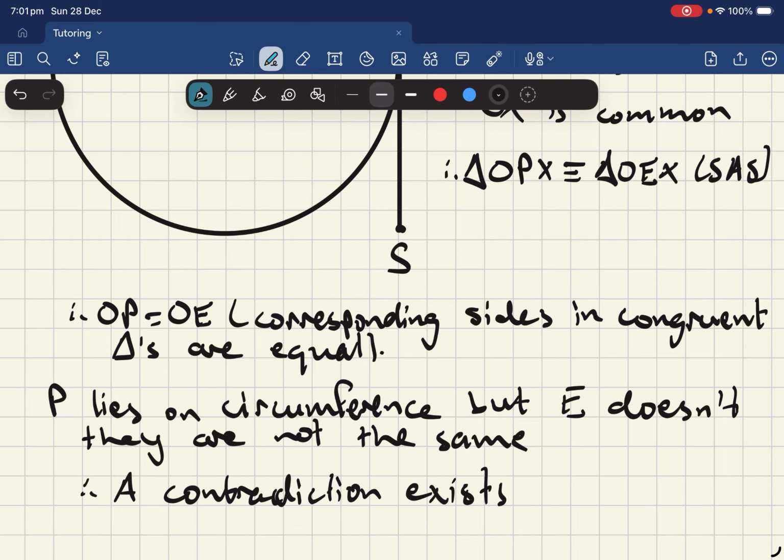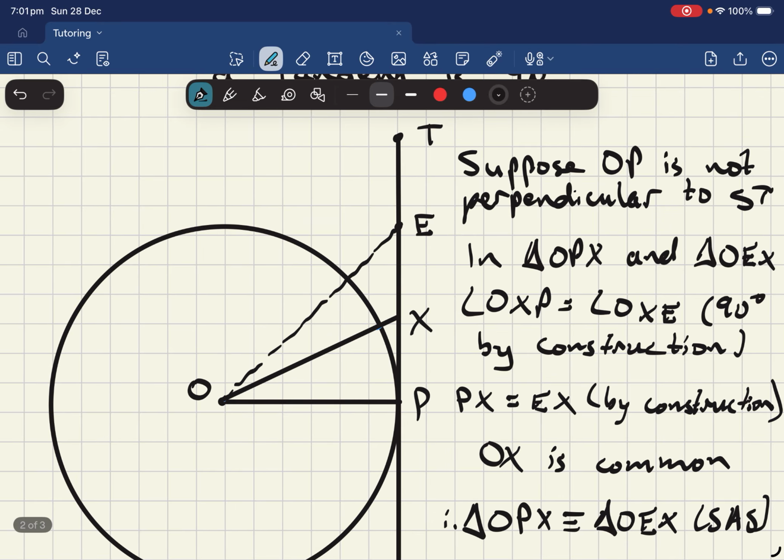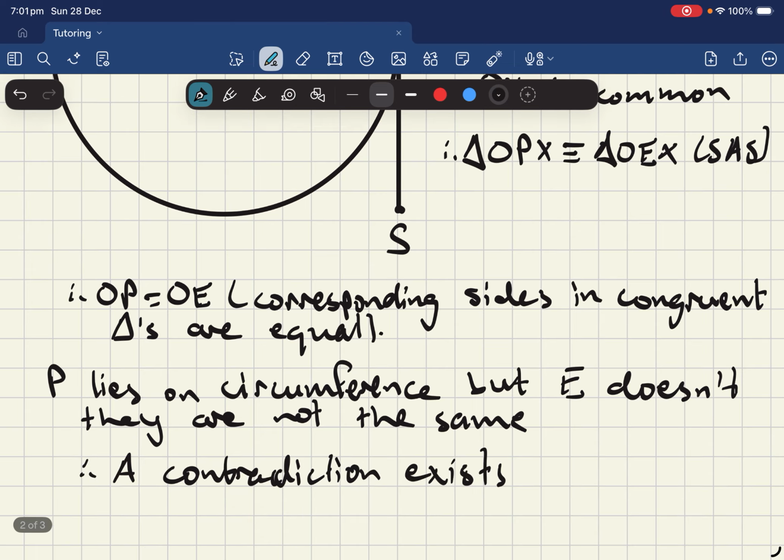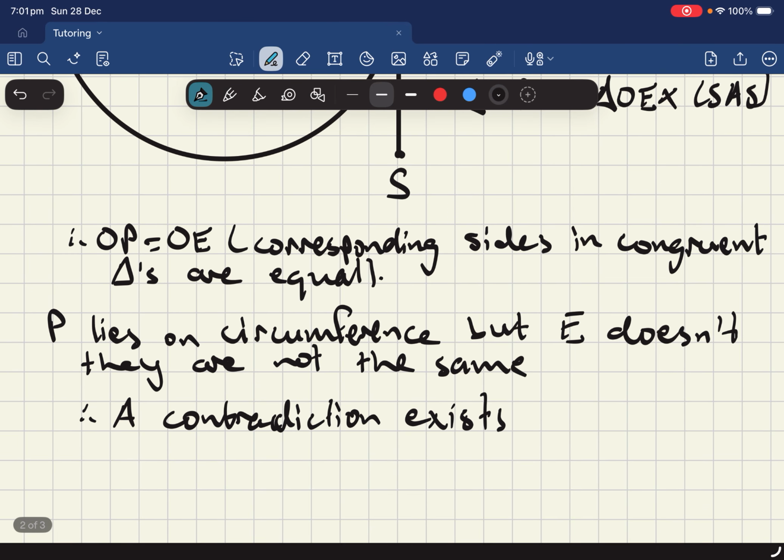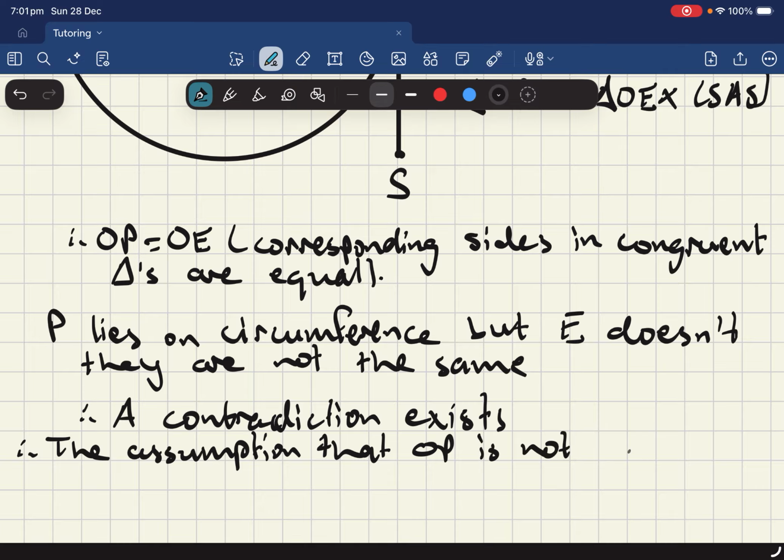Now remember, if a contradiction exists, then this false claim we made, that suppose there is a point X so that OX is perpendicular to ST, is wrong. So because a contradiction exists, we can say, therefore, the assumption that OP is not perpendicular to ST is false.